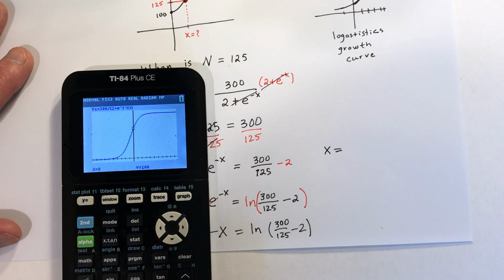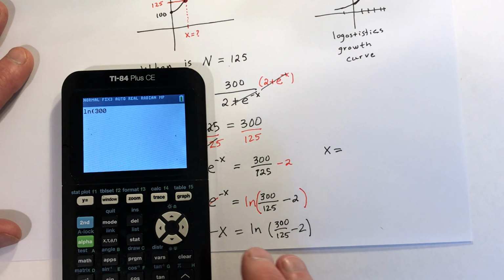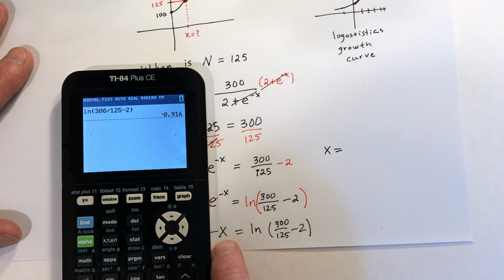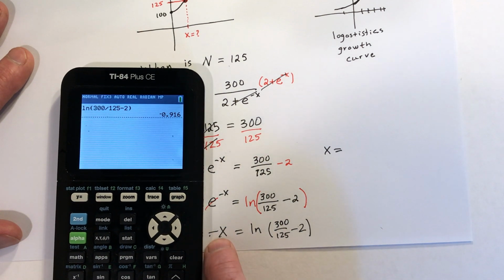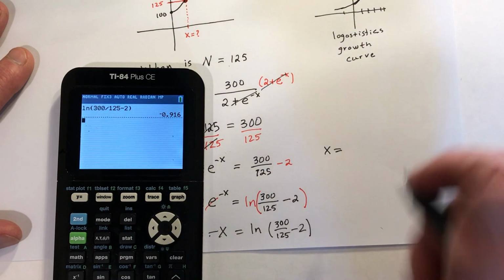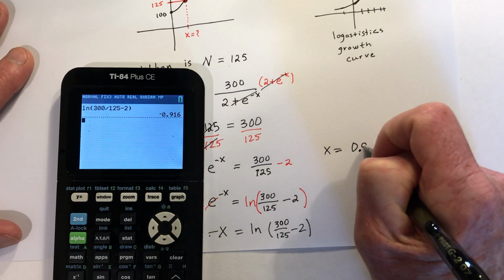So if I do the natural log of 300 divided by 125, and then minus 2, and all of that's in parentheses, that's what it would be when I have the negative on this side. When you multiply this by a negative, it turns out that it's going to be 0.916.